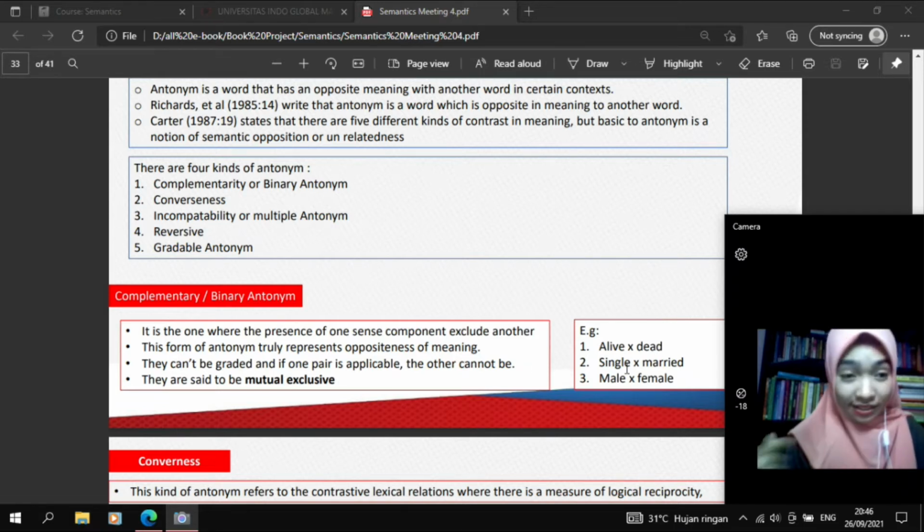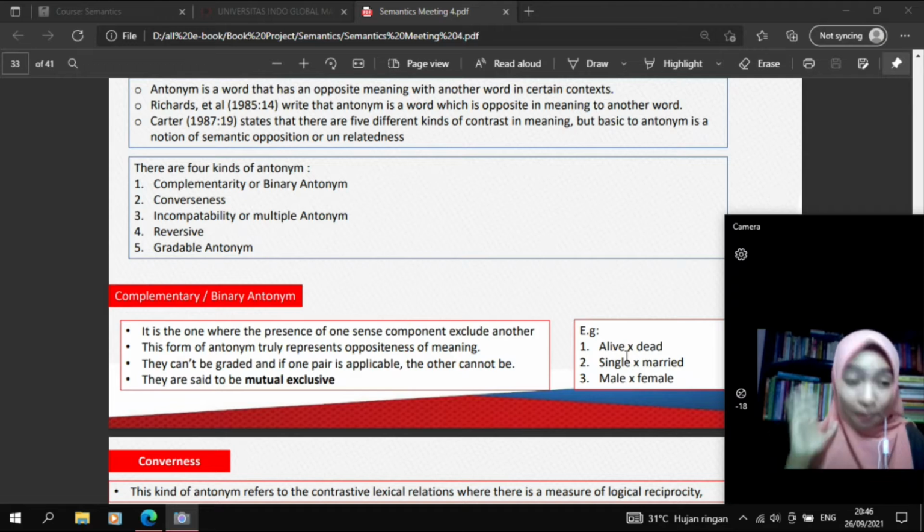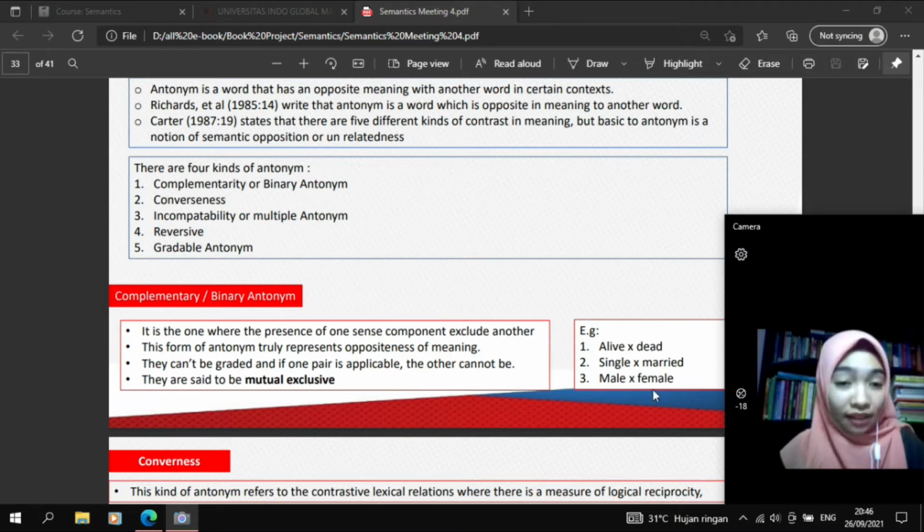If you are single, of course you are not married, right? If you are married right now, of course you are not single. And male and female. If you are male, of course you cannot become a female right now. So that's what we call complementary or binary antonym.